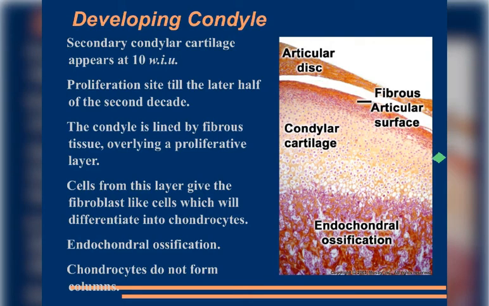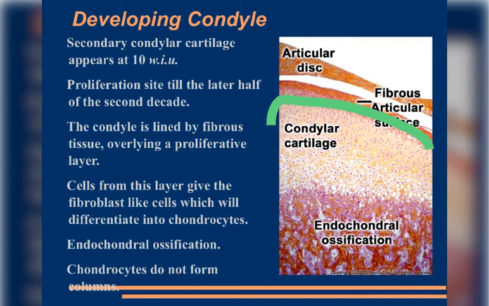The second one is the proliferative cellular zone. They are the same, but they are more cellular because for young children's condyles, we expect to find more cells, whether in the fibrous layer or the proliferative zone layer.